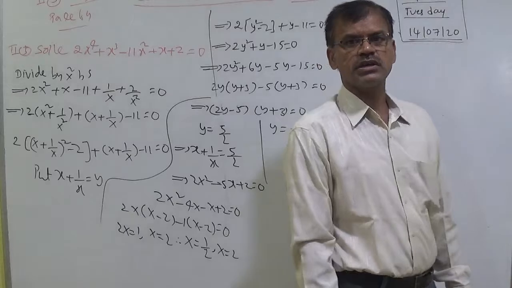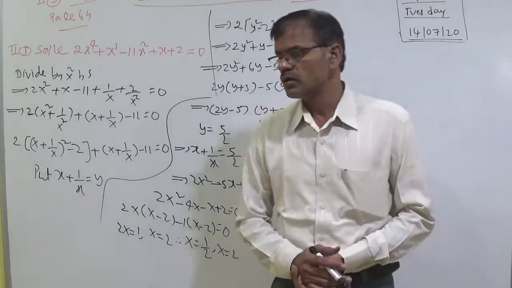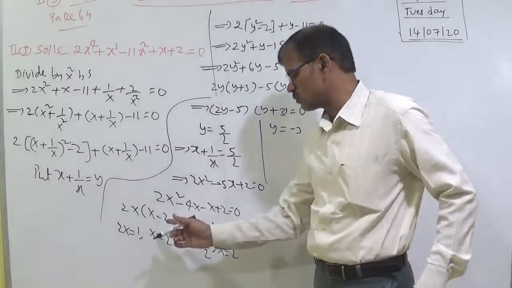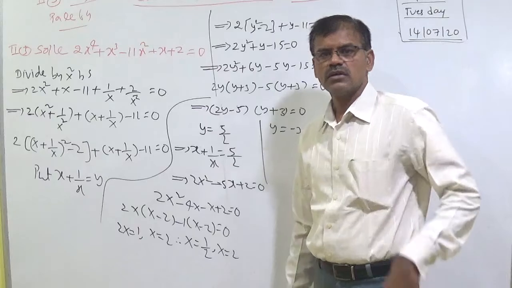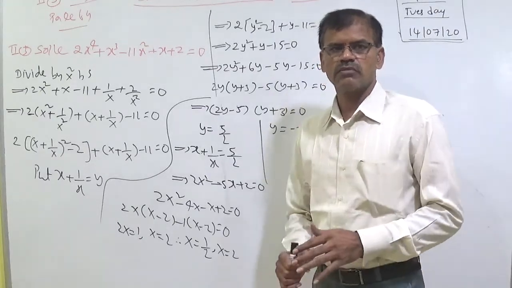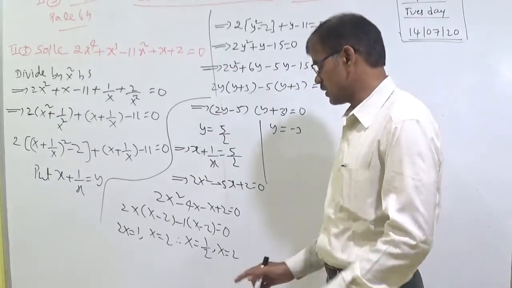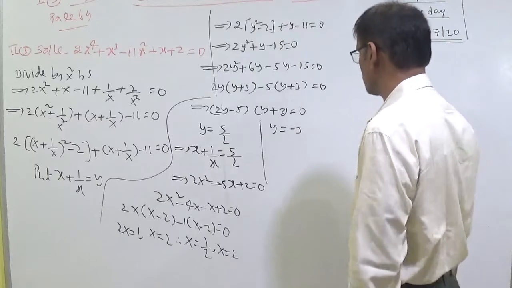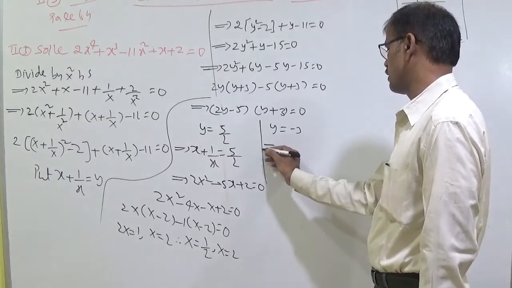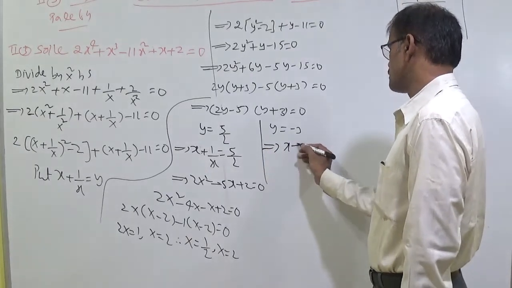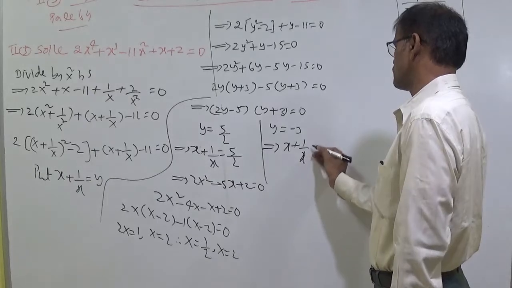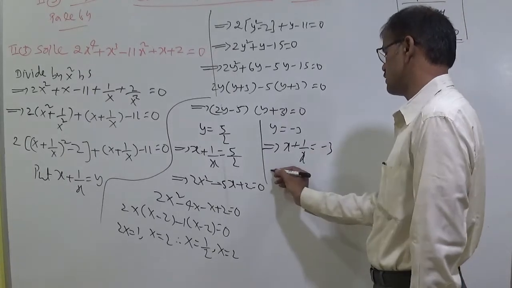Whenever the equation is in the form of a reciprocal equation, the roots are in reciprocal manner, like alpha, 1 by alpha, beta, 1 by beta, gamma, 1 by gamma. So x equal to 1 by 2 and x equal to 2 are the reciprocal roots. In this case also, x plus 1 by x is equal to minus 3.